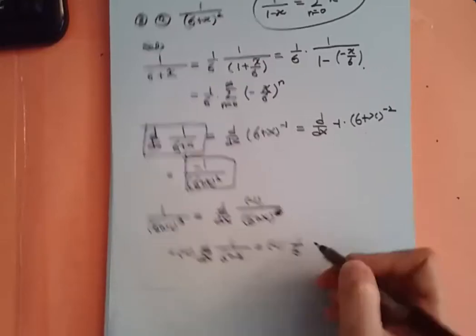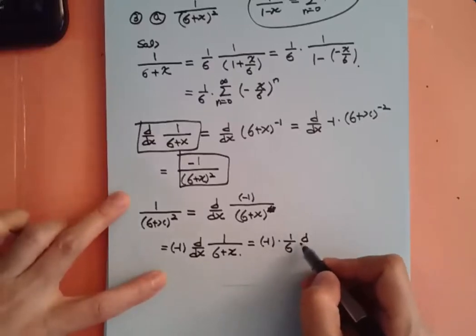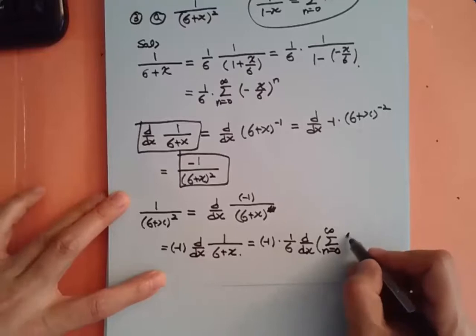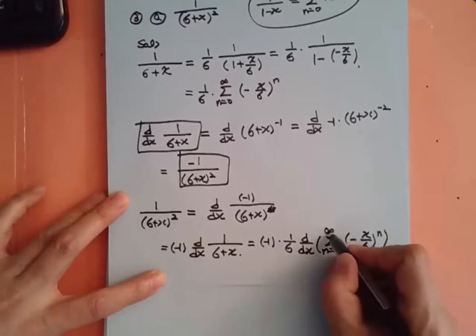1 over 6 d/dx summation n equals 0 to infinity negative x over 6 to the n power.